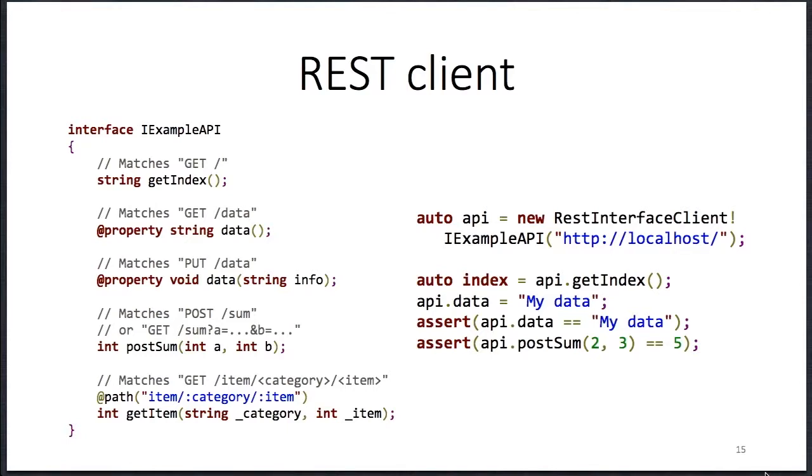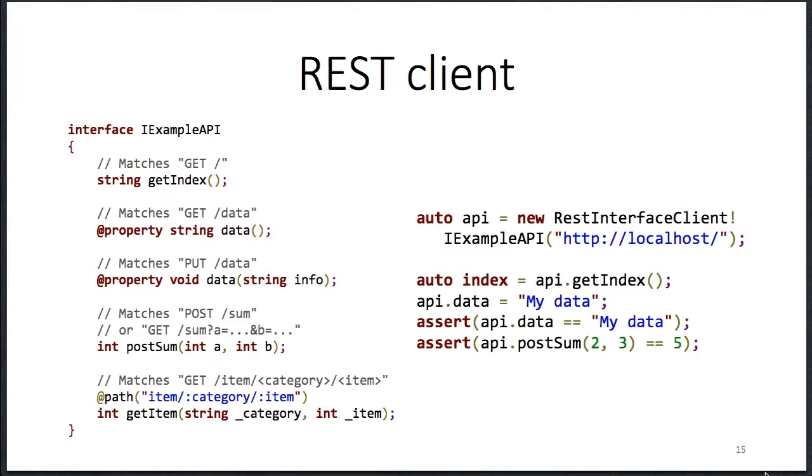Vibe provides the mechanisms to implement a REST client and server. So Vibe makes use of user-defined attributes to allow you to specify a custom path.